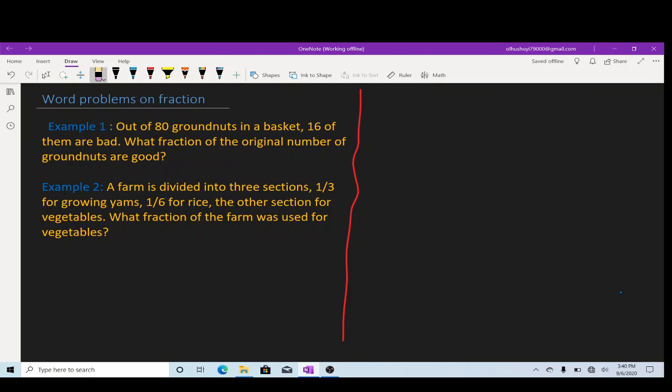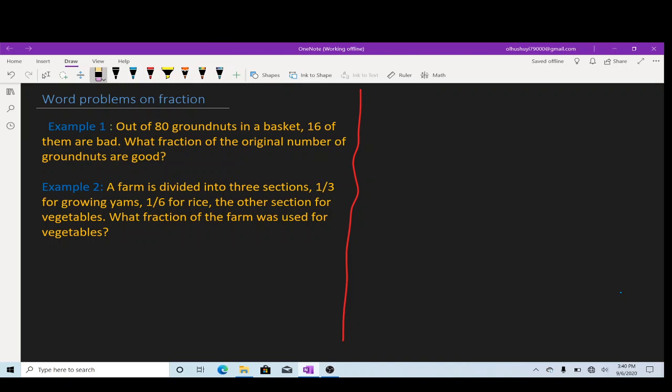A farm is divided into three sections: 1/3 for growing yams, 1/6 for rice, the other section for vegetables. What fraction of the farm was used for vegetables?